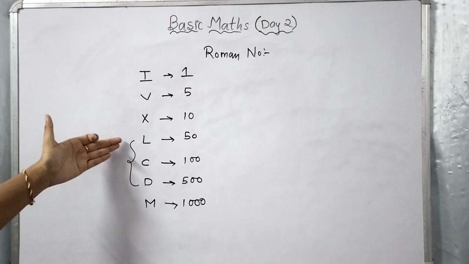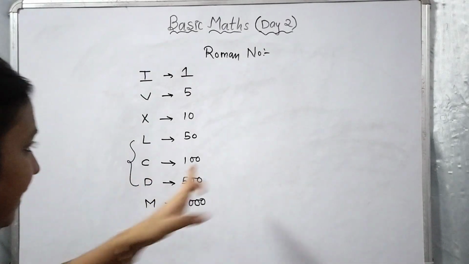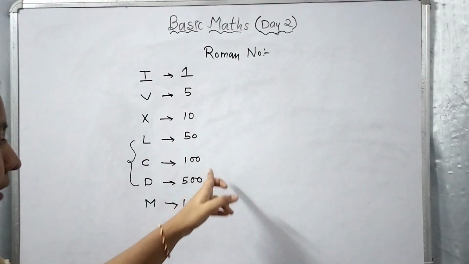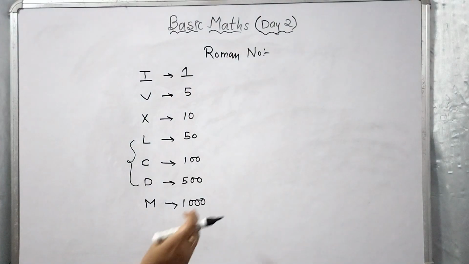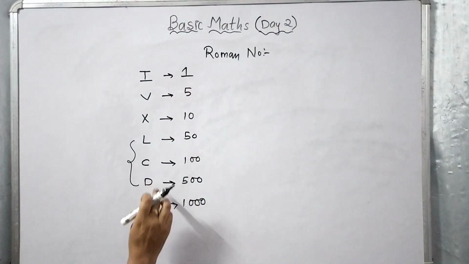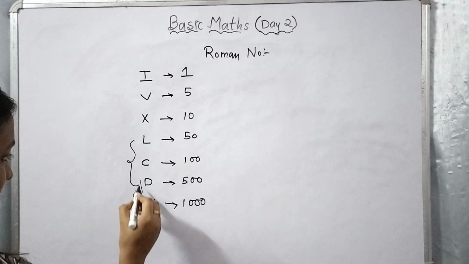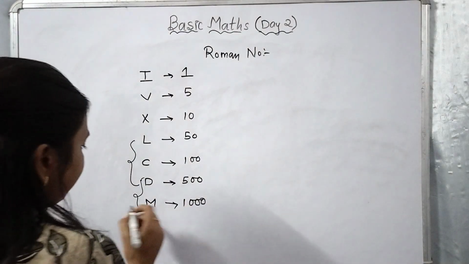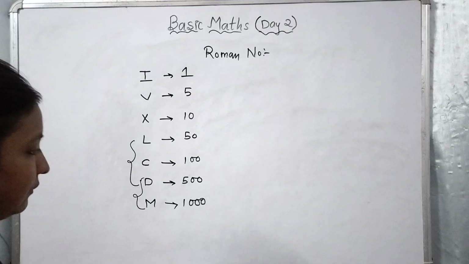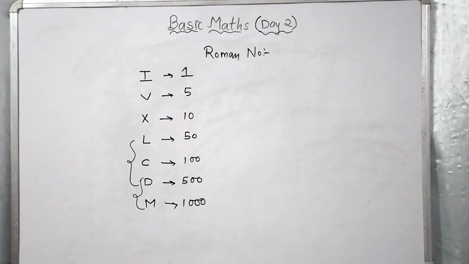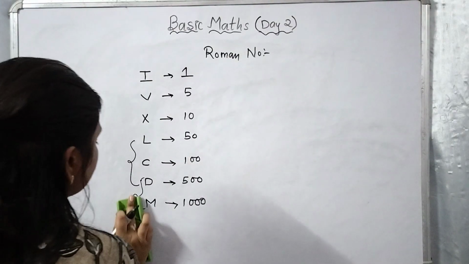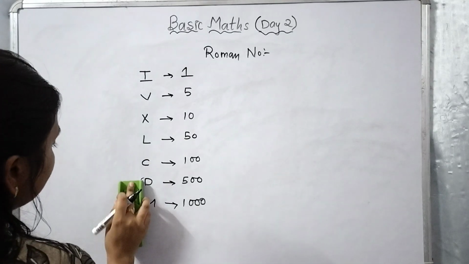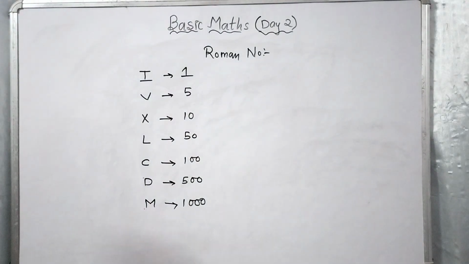So you keep remembering LCD, and the sequence is 50, 100 and 1000. And if you have confusion with D and M, you can remember it as DM. DM is direct message, which we keep writing in our messenger or WhatsApp. So you can remember 500 and 1000 that way. That is totally up to you how you remember it, but this is one of the tricks you can use.